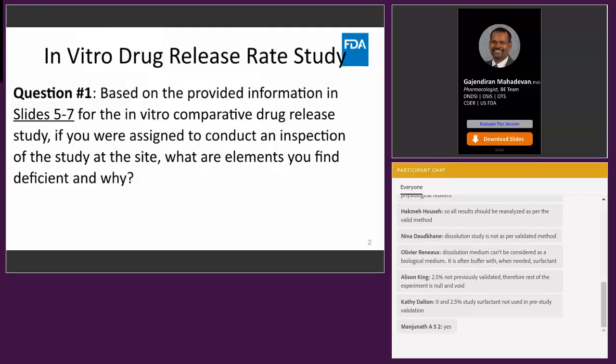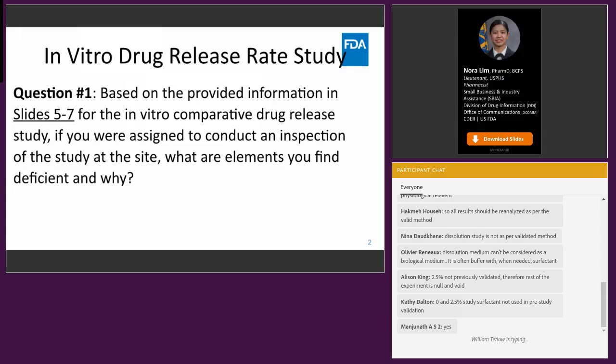Maybe one of the things that we could have a little conversation about is the discussion about guidances, right? I saw that a little earlier on, what guidance should be followed for the method validation for the in vitro studies. And there is the suggestion of the ICH Q2(R1), and as mentioned, it's not a bioanalytical method guidance, but it is a chemical method.